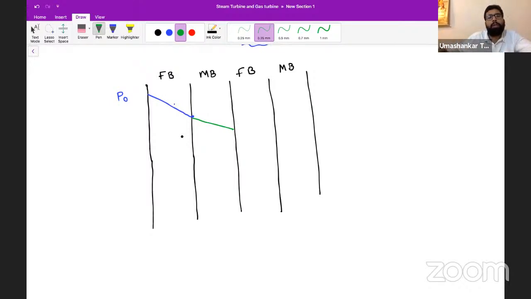So in the fixed blade the pressure decreases, and in the moving blade again the pressure decreases. We established this in the first session also. I am telling you again that in a reaction turbine the drop of pressure also takes place in the moving blade.